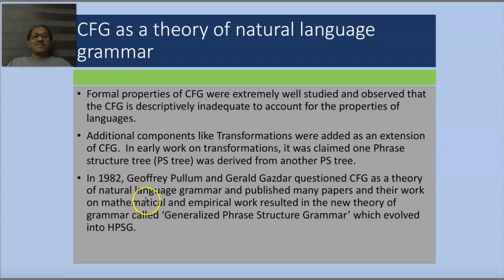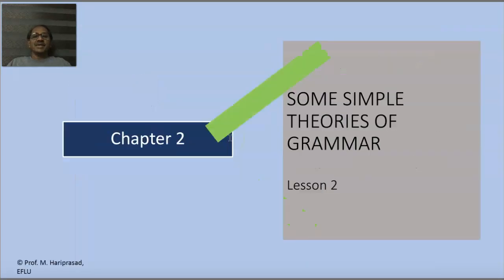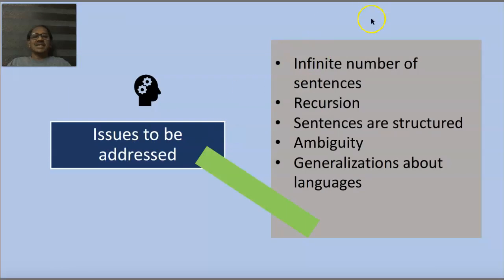That is, we have seen here that infinite number of sentences, yes, context-free grammar can account for them. Recursion, yes, if we add regular expressions, we have that. Sentences are structured, yes, an NP consists of determiner and noun, not a determiner noun, right? Ambiguity, yes, maybe you can have two structures generated by phrase structure grammar.